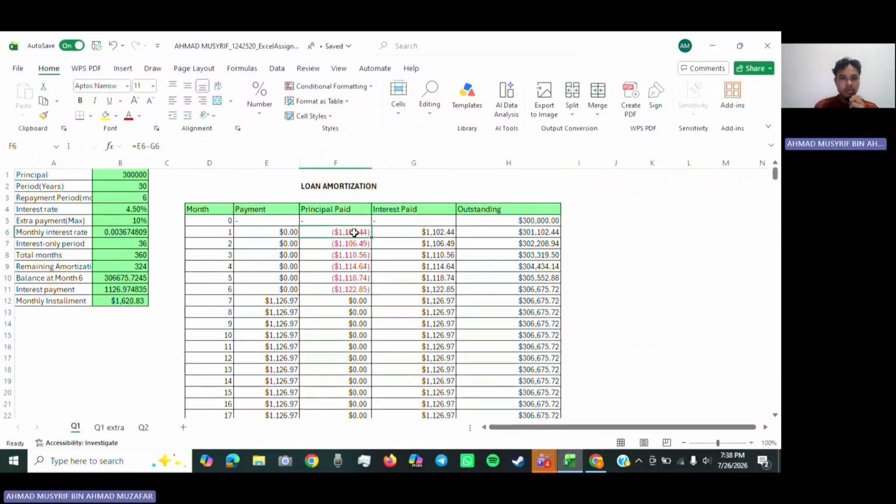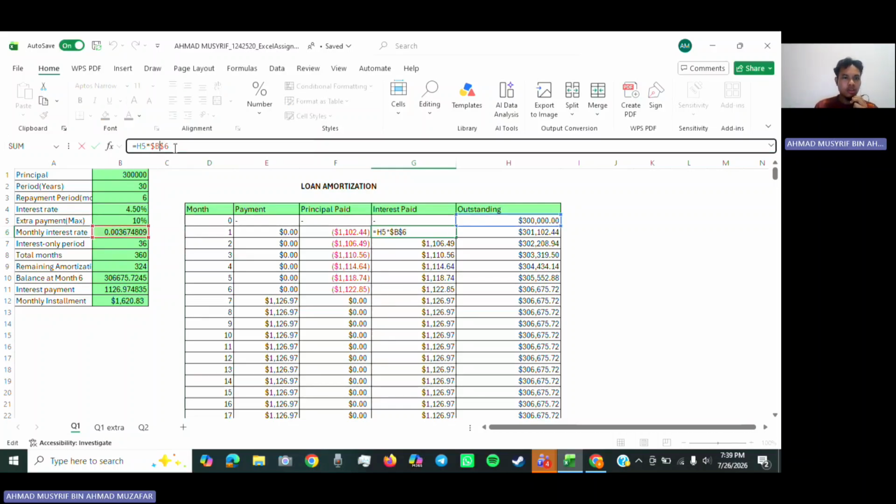For the principal paid, we just calculate payment minus the interest paid, and the interest paid we calculate with the previous outstanding balance multiplied with J, which is the monthly interest rate. And here we lock the cell, because if we don't lock here, the value will go down continuously.